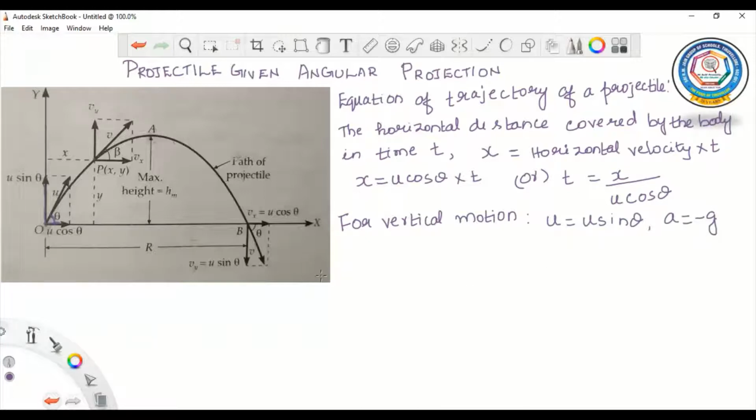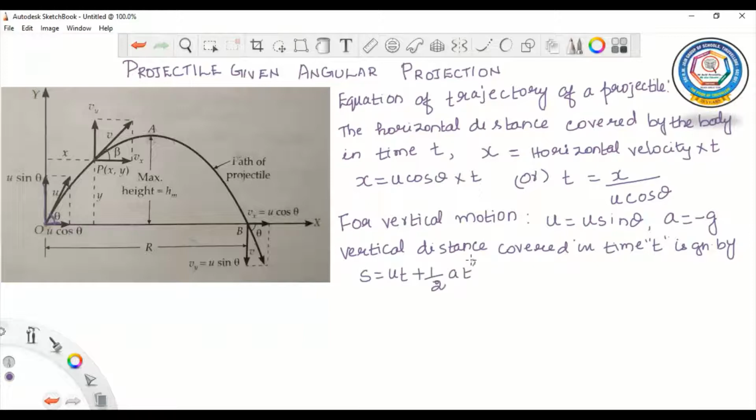So the vertical distance covered by the body in time t is given by S is equal to ut plus half at square.